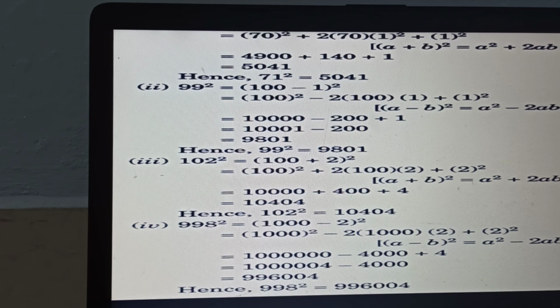Just put the formula, write it and add the numbers, you will get the answer. For 998, (1000 − 2)², the (a − b)² formula is easier, since 10 you can easily multiply.